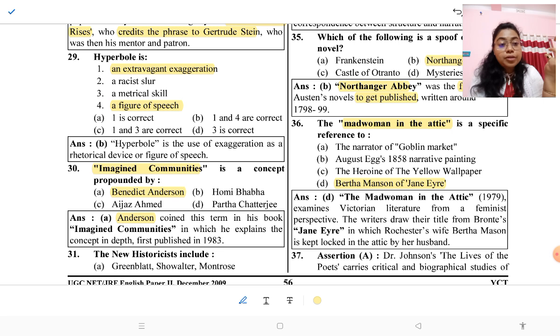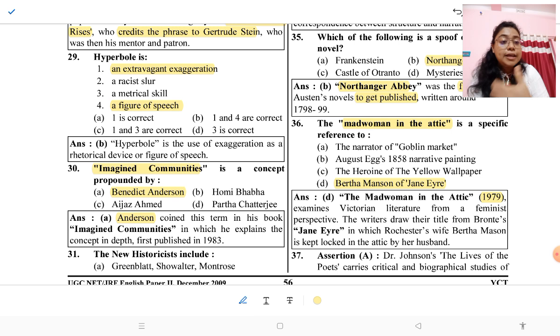She was the wife of Rochester, and from this character the whole work was made, The Madwoman in the Attic. So it was an adaptation of Bertha Mason of Jane Eyre. The Madwoman in the Attic was published in 1979 and examines Victorian literature from a feminist perspective.